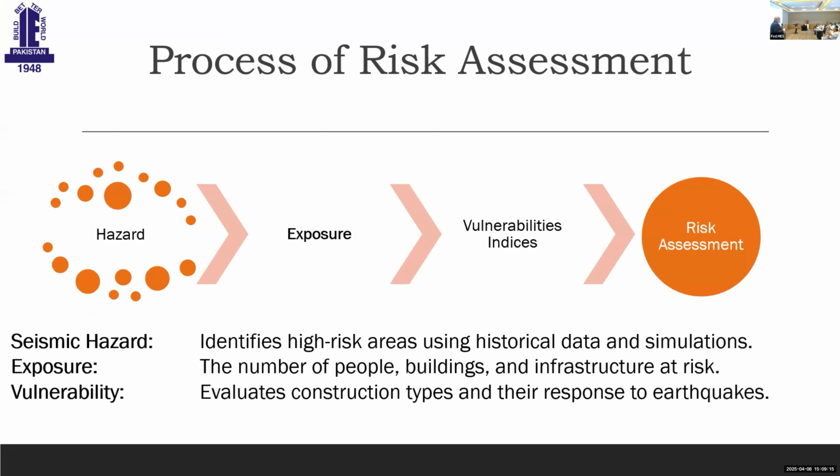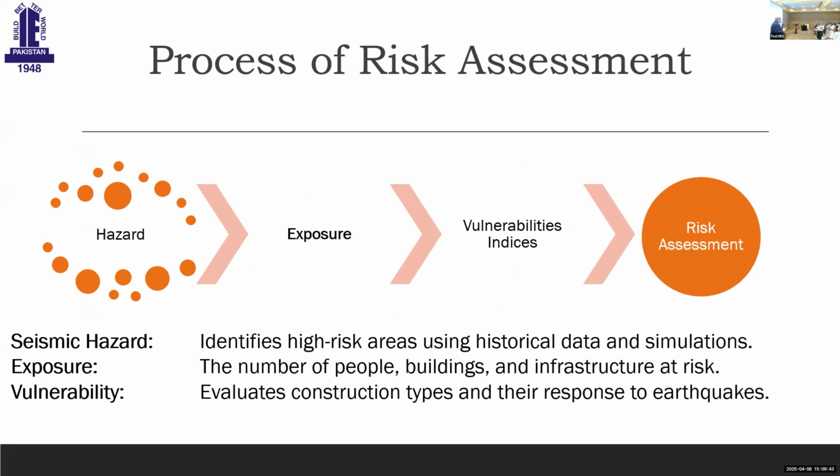So the basic concept is very, very simple. There are two things that we have to evaluate separately, and then we overlap them and see what is the amount of risk involved. One is the hazard. When I talk about hazard, I'm talking about earthquakes in general, in particular, what is the possibility of an earthquake and what magnitude and what are the intensities that are possible in a particular region.